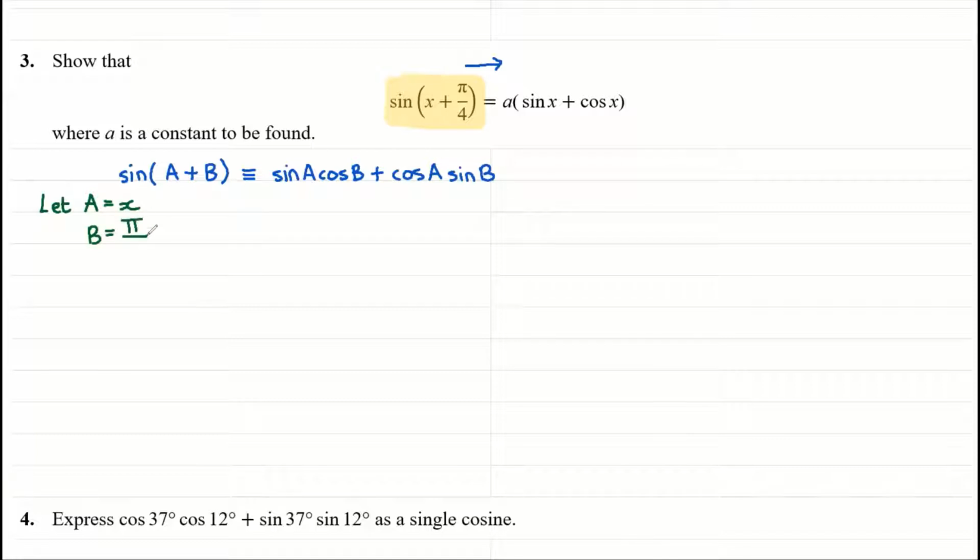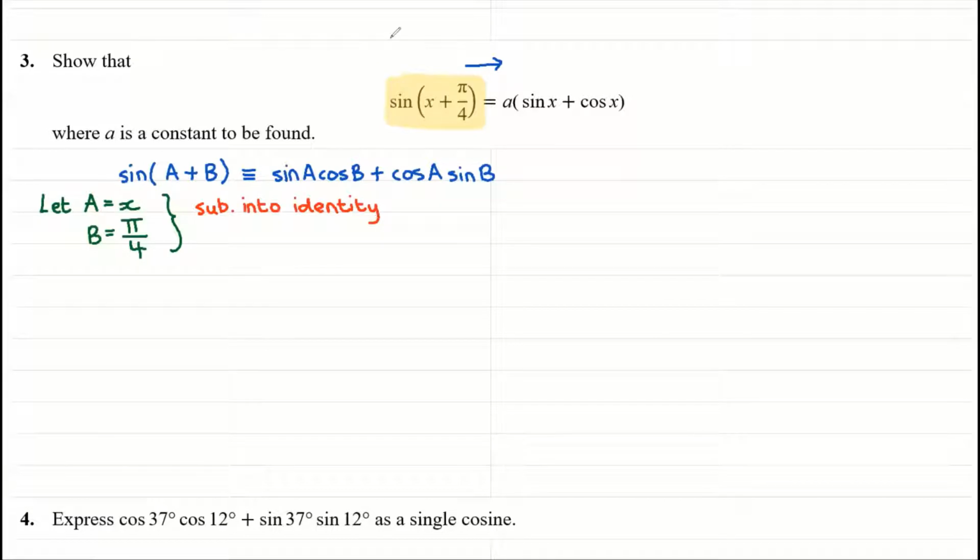and obviously this is going to be in radians, isn't it? So let's substitute them in. And just make a note of what we're doing. So we're going to sub into the identity. All right. And if we do that, let's see what happens.